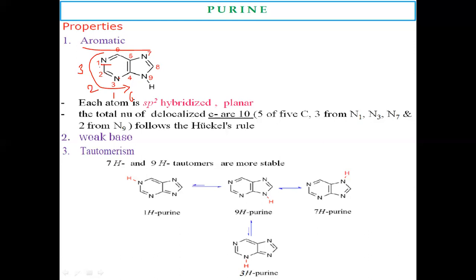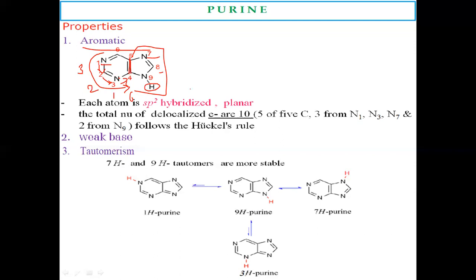That's why the numbering starts from 1 to 2, 2 to 3, 3 to 4, and 4 to 5. There is a junction fused with the second aromatic ring, which has 5 members: 1, 2, 3, 4, 5, 6, 7, 8, and the hydrogen-containing nitrogen gives 9. So this is the numbering for purine.